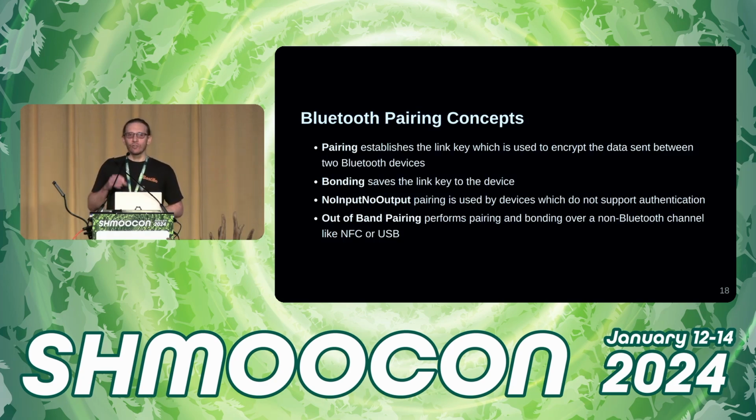That number has to be entered by the user on another device to pair. But you also have these unauthenticated pairing mechanisms that are ostensibly for things like Bluetooth mice or other devices that don't have this ability to display or enter a number. And no input, no output pairing is what we're exploiting in a lot of these vulnerabilities today. And no input, no output states that I have no ability to give you any numbers, and I can't receive any numbers from you, ostensibly.